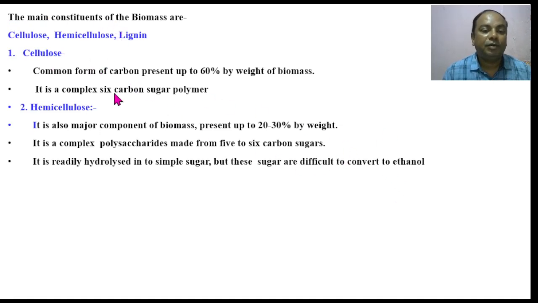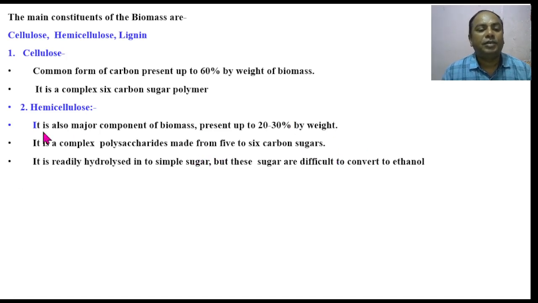However, cellulose, which is 6 carbon sugar, easily gets converted to bioethanol upon fermentation, while hemicellulose is a polysaccharide made from 5 to 6 carbon sugar. When this is hydrolyzed, it forms 5 and 6 carbon sugar molecules or monosaccharides, and these monosaccharides are rather difficult to convert to ethanol.